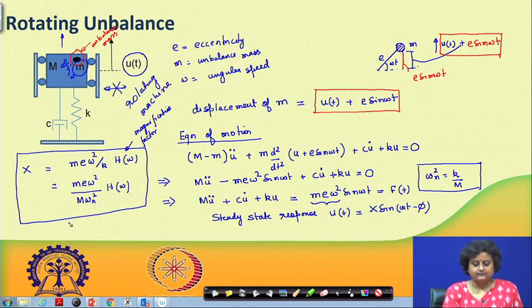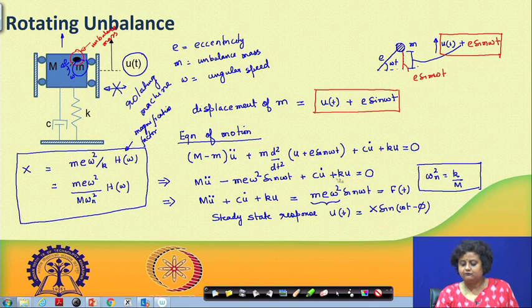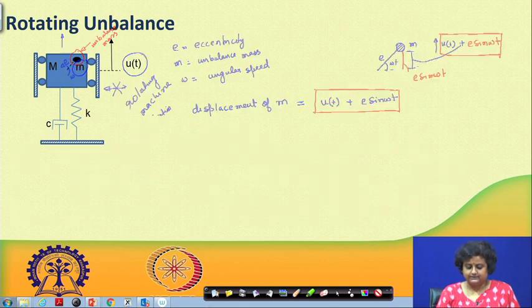Here also this is nothing but the static displacement because of a force which is equivalent to this term. With this we end the theory on rotating unbalance. Now we are going to solve certain numerical problems which are going to help us in reinforcing the concepts that we have learned earlier.